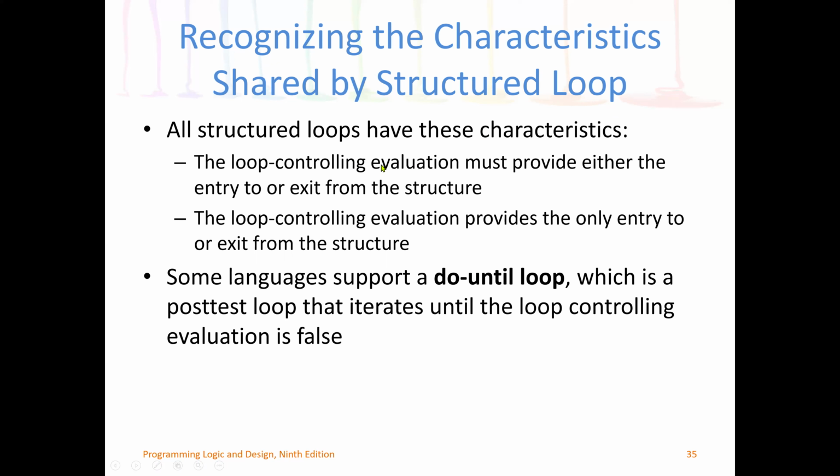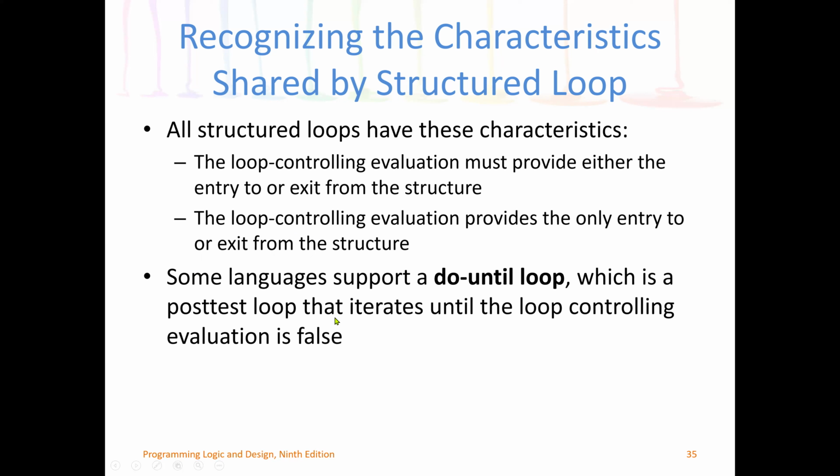A loop control evaluation means the condition. The loop condition must always be provided, either for entry or exit from the structure. So whether do while, for loop or while loop, we must always have the condition because that condition may stop the loop. And the loop control evaluation provides only entry or exit from the structure.